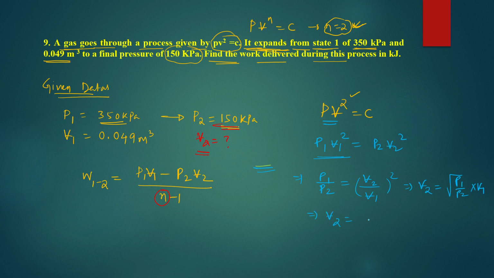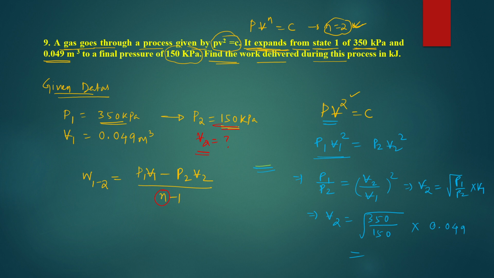So P1 is given to us as 350, divided by P2, which is given to us as 150, under root of that, into V1, that is 0.049, right? So let us try to calculate this one.